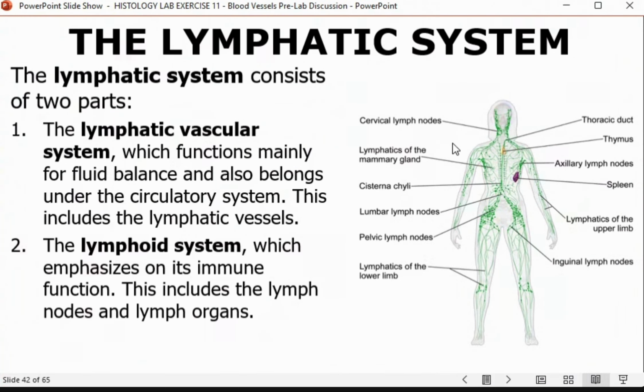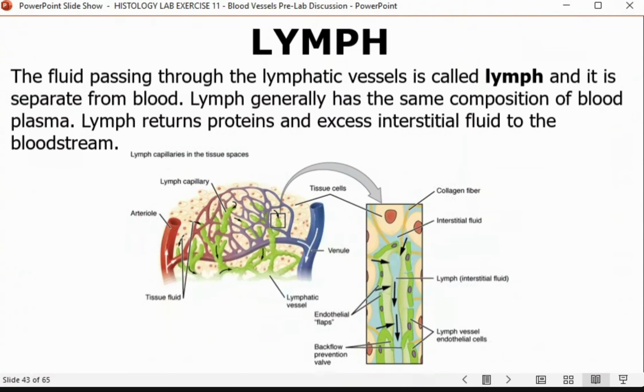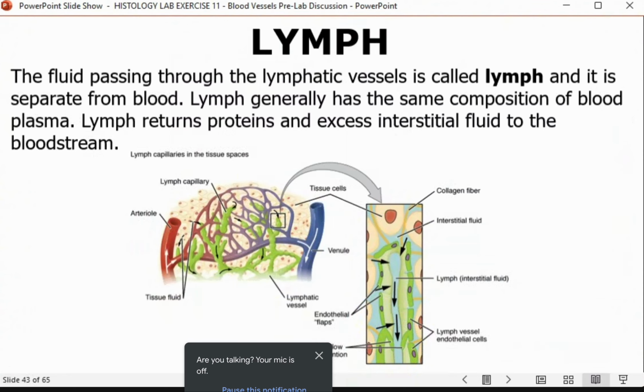The lymphatic system consists of your lymphatic vascular system and your lymphoid system. The lymphatic vascular system is more on fluid balance, and the lymphoid system is more on the immunity side. For today, we'll just focus on the lymphatic vascular and leave the lymphoid to the lab.